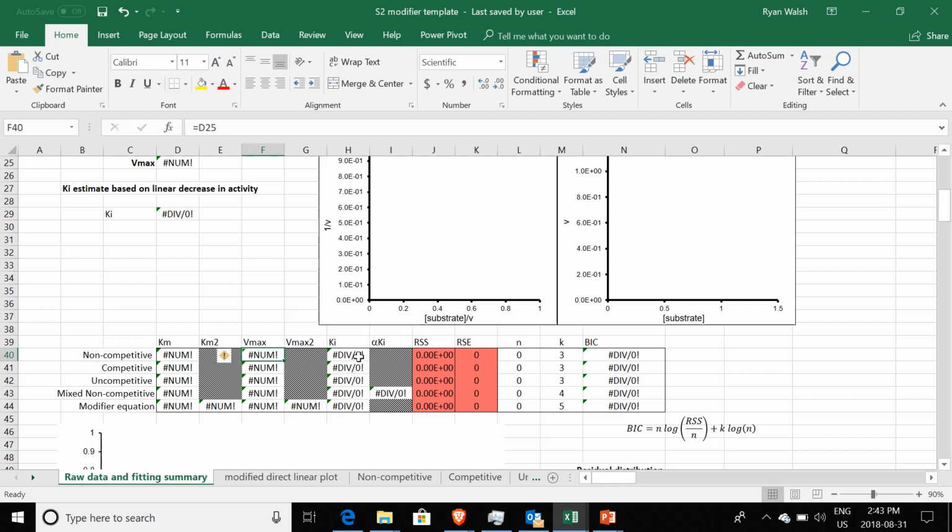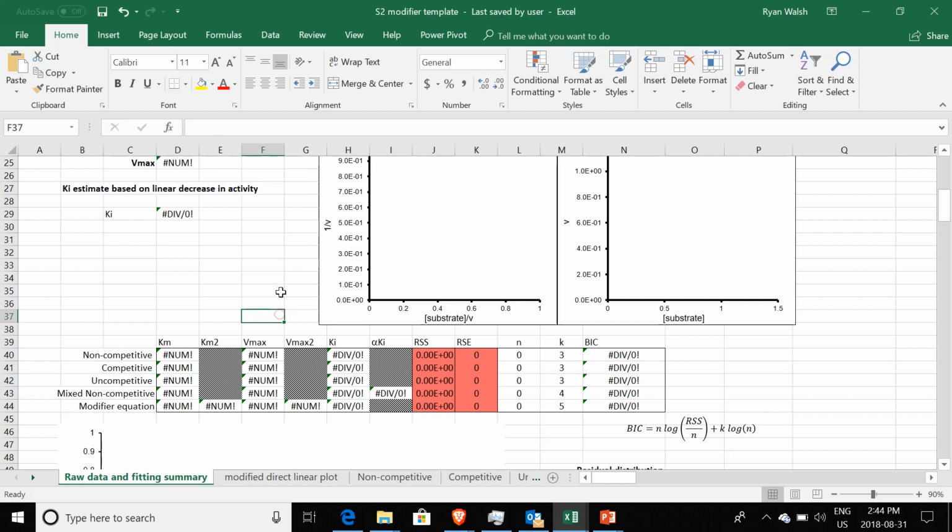And then for your non-competitive, there's only one Ki value. Competitive, the same, one Ki value. Uncompetitive, you have one Ki value. Mixed non-competitive, you have your Ki and your alpha Ki values. And for the modifier equation, you're going to have a second Km value, a second Vmax value, and a Ki value.